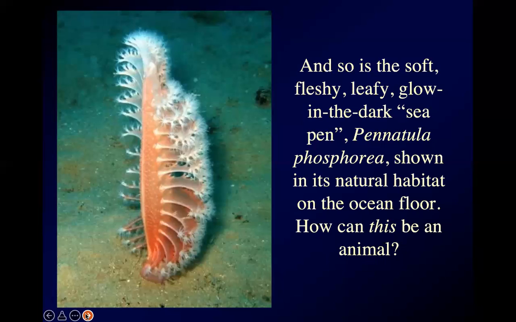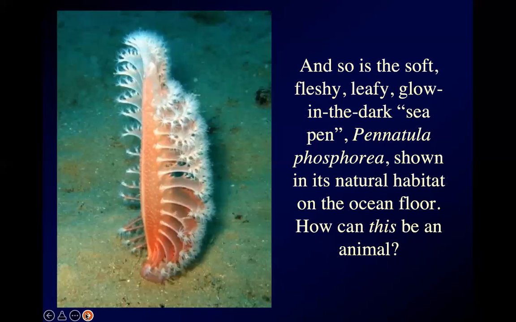He would go up to Puget Sound in Western Washington to go find these. The thing looks kind of like a feather sticking up out of the ocean floor. They get up to maybe a foot long. It is fleshy. It'll contract if you poke it, and it glows in the dark.